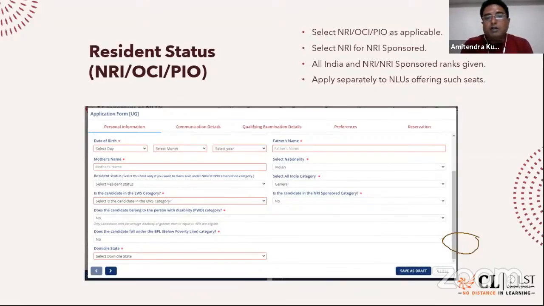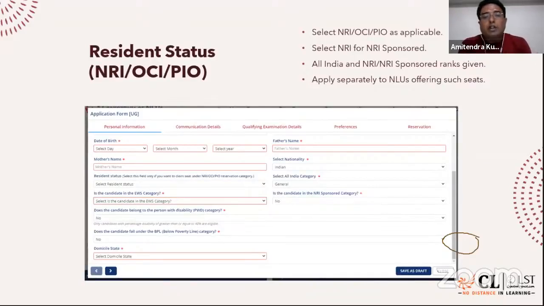Now, you also need to understand, once you have selected NRI as your candidature along with whatever All India category you belong to, you also need to apply separately to the respective NLU where you want your NRI sponsored or OCI PIO category to be considered for admission. Now, in such cases, what happens?